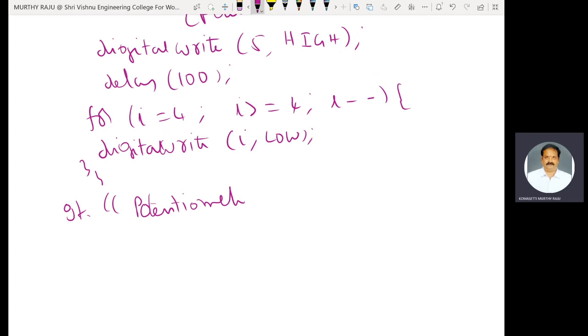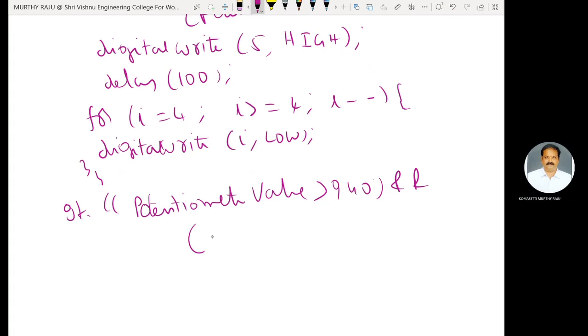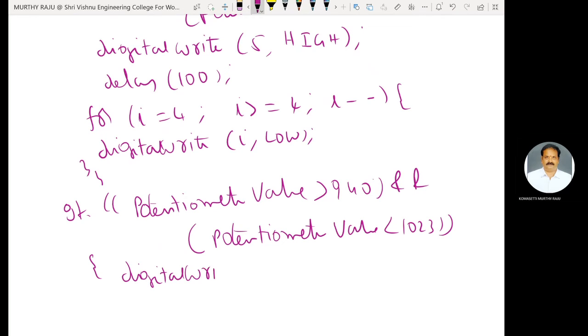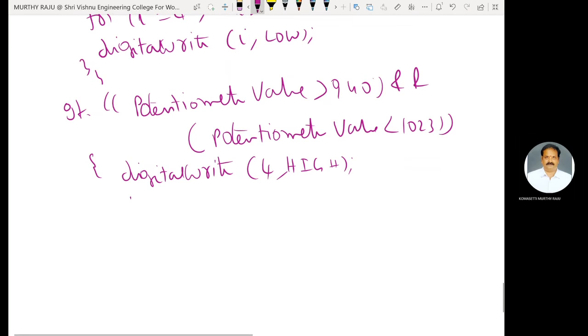Potentiometer value greater than 940 and potentiometer value less than 1023. Digital write. Only the fourth LED is in a high condition, the last LED. Delay 100 milliseconds.